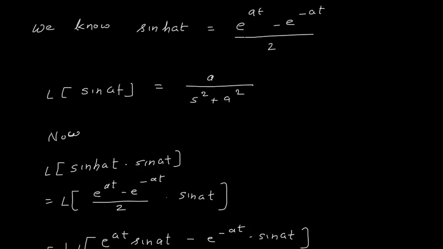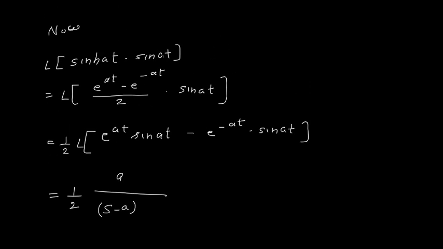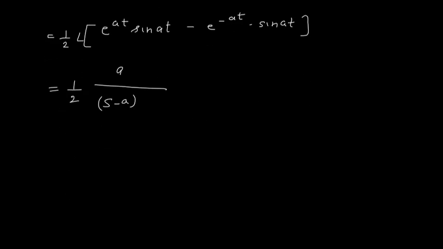So here it is e power at, so s minus a the whole square plus a square, then minus a upon s plus a the whole square plus a square. If you want, you can cross multiply and simplify it further, otherwise you have found the Laplace transform.